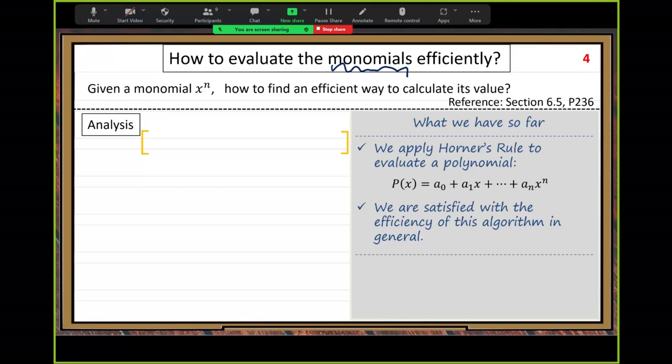In our monomial case, with special coefficients, Horner's rule may not be the best. Here, I want to show you we can do much better than Horner's rule. Can we do better in certain special cases? Let's consider a few special cases.